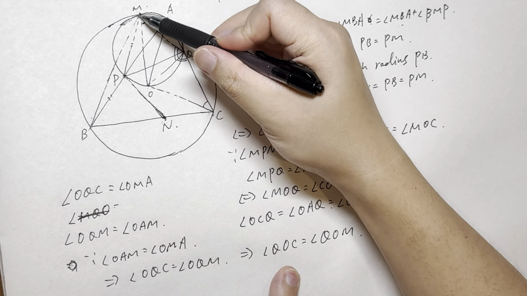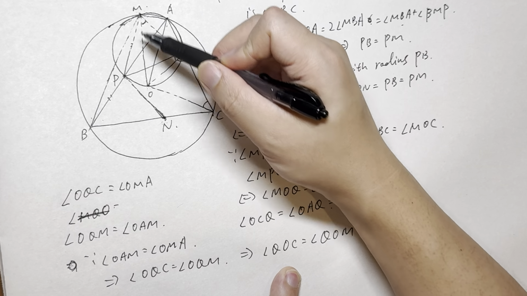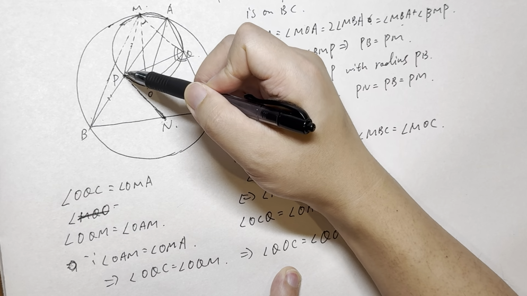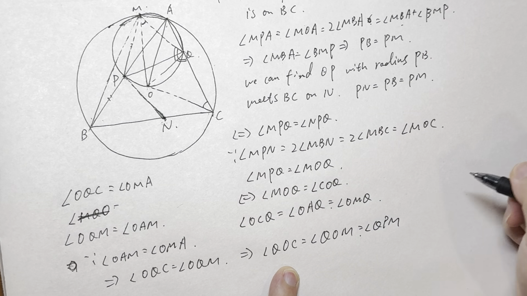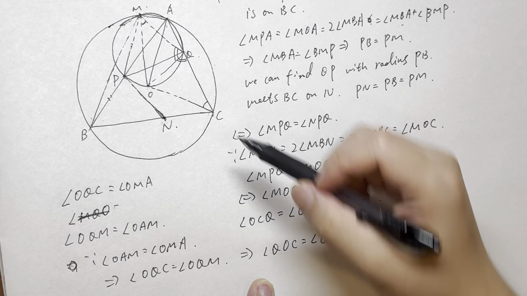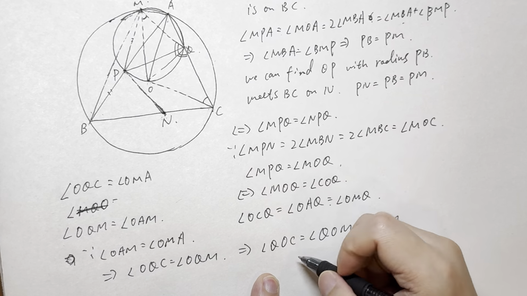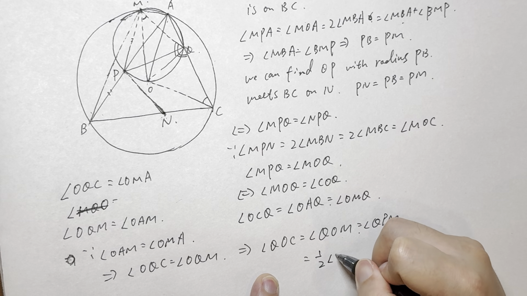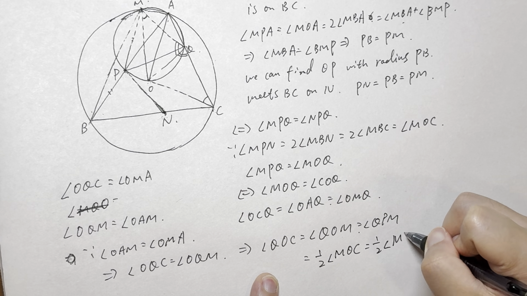And we know angle QOM equals to angle QPM, right? And angle QOC equals to angle QOM, that is half of angle MOC, which is half of angle MPN.